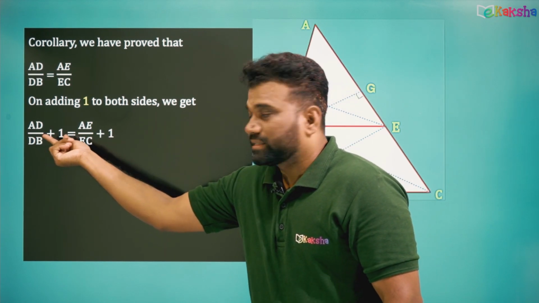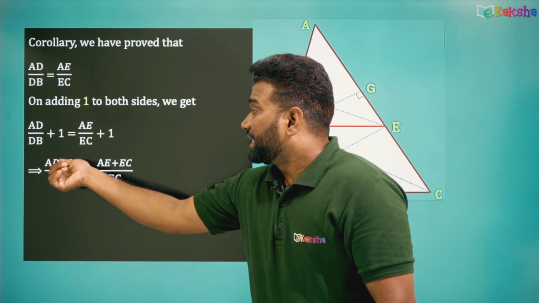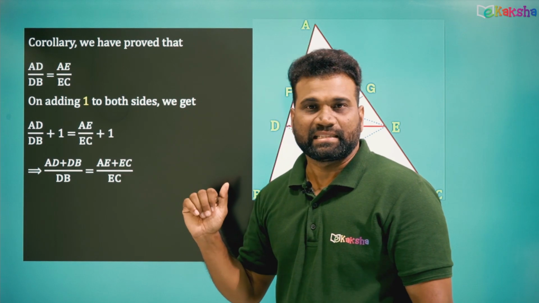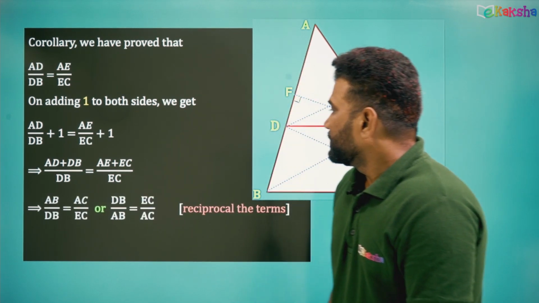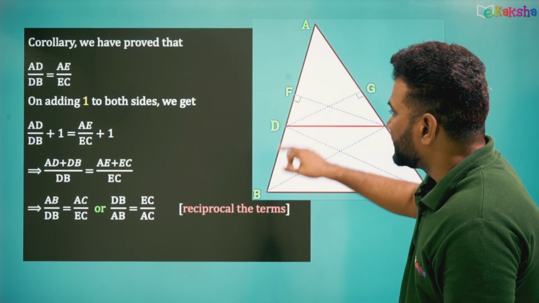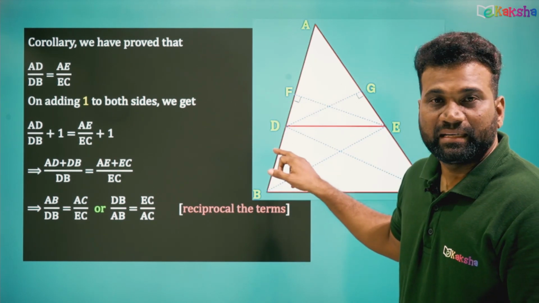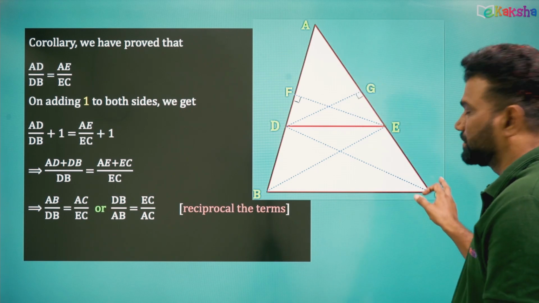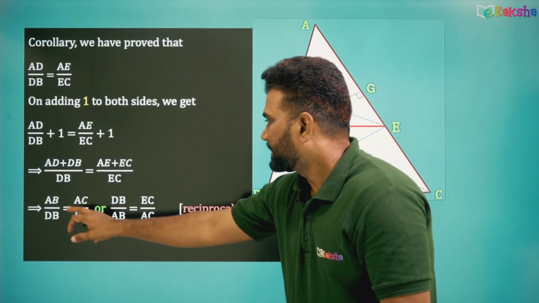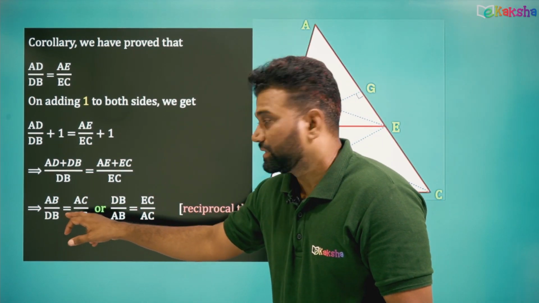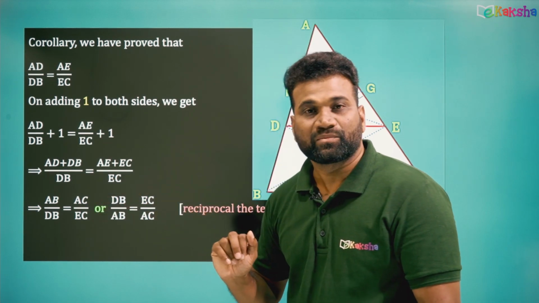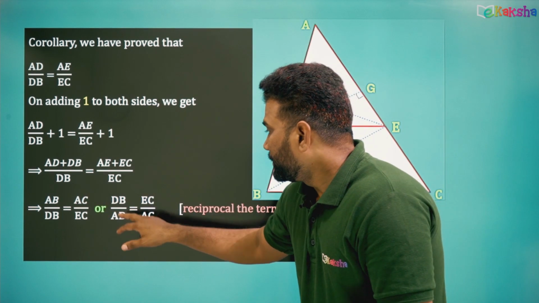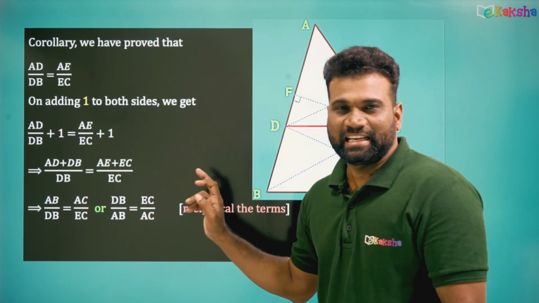On taking LCM, we get AD plus DB over DB, and on the right side AE plus EC over EC, right? And again we know AD plus DB is equal to AB, and AE plus EC together is AC. So we can rewrite this as AB over DB is equal to AC over EC. Or, on reciprocalizing both sides, DB over AB is equal to EC over AC.